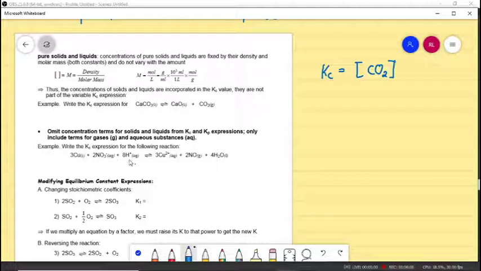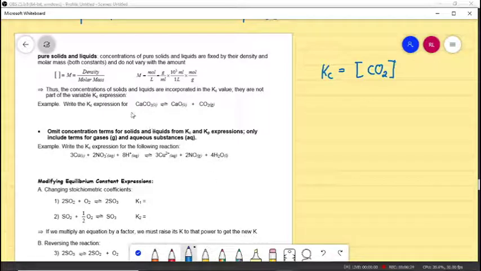And then you have 8 moles of aqueous hydrogen ions forming 3 moles of aqueous copper(II) ions, 2 moles of nitrogen oxide, and 4 moles of liquid water.